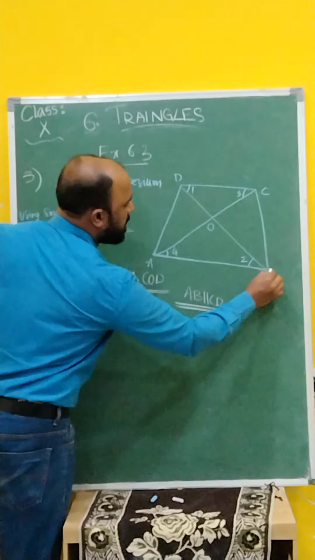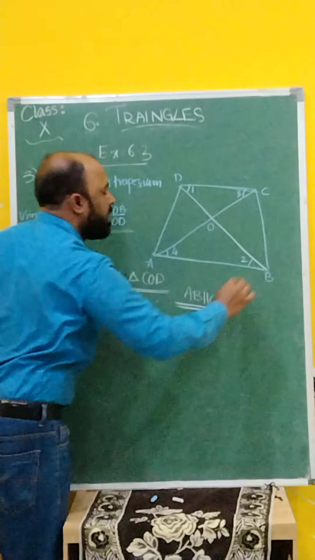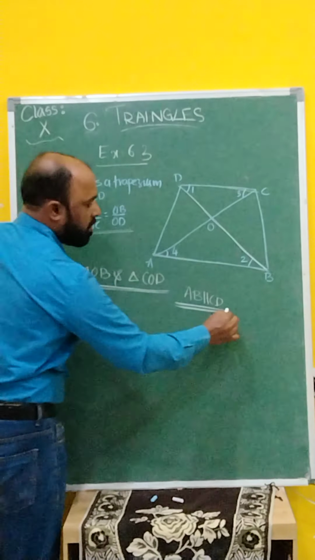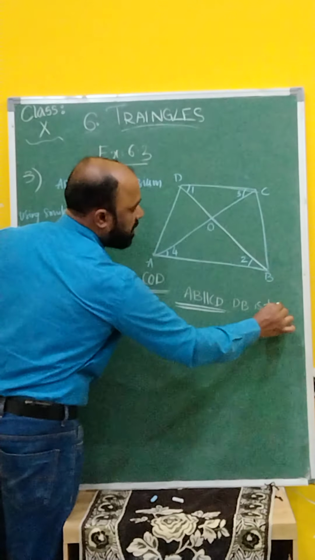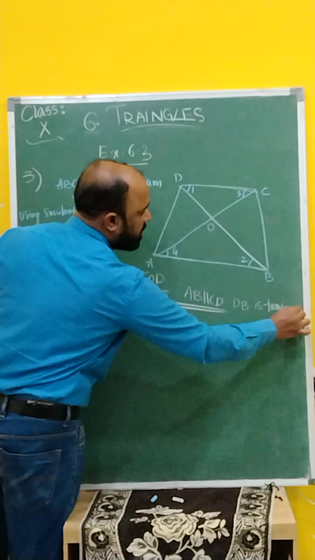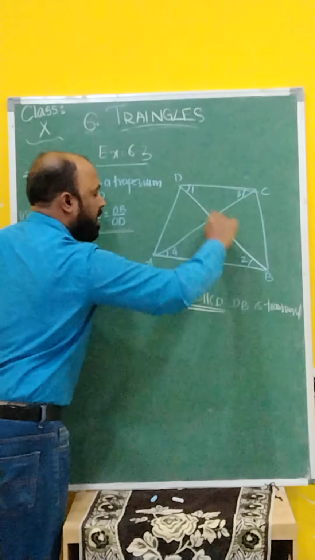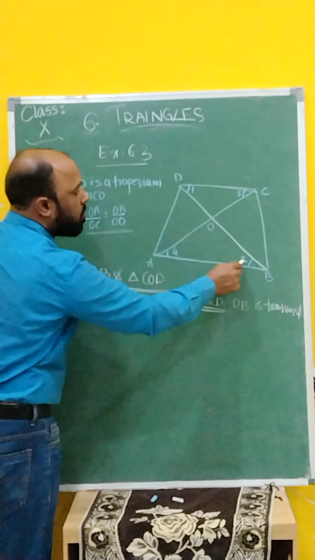This one, AB is parallel to CD. Then what about this one? DB is obviously a transversal. Clear, children? Now, if two lines are parallel and there is one transversal, then alternate angles are equal. What are the alternate angles? Angle 1 is equal to angle 2.